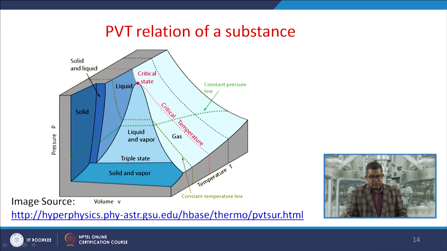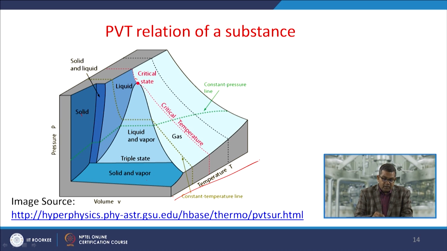Now, here this particular diagram clearly shows the different aspects of all the thermodynamic stages. Here on the axes are the pressure and the volume. You may see the solid and vapor phase, the solid phase, and this reflects the temperature effect.